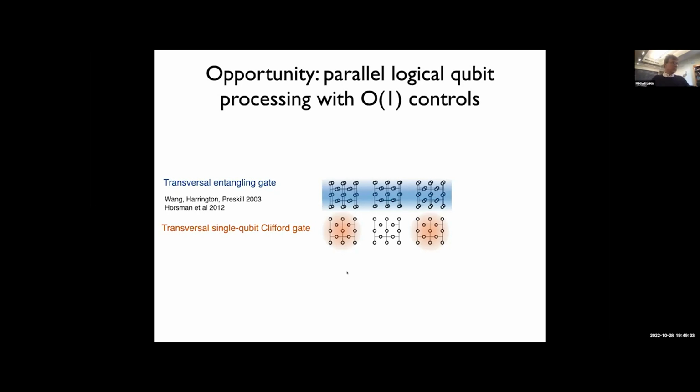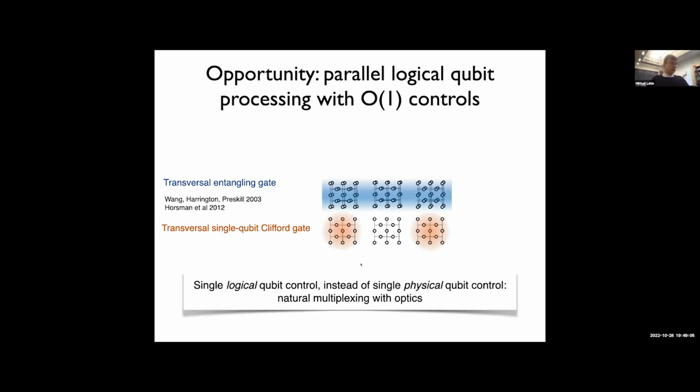This really is an exciting opportunity in terms of control. We can think about single logical qubit control instead of single physical qubit control. And this allows for multiplexing, which is very natural using optical techniques. So this approach is also very fruitful ground for optimization and synthesis.